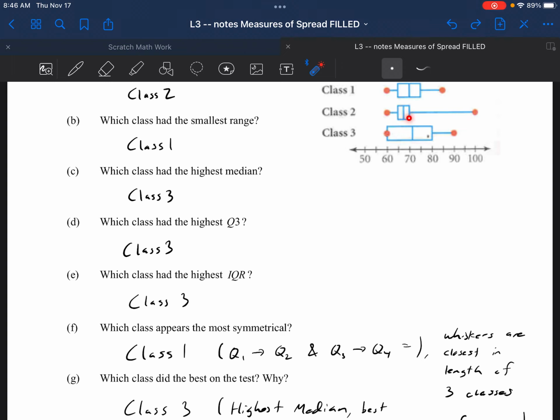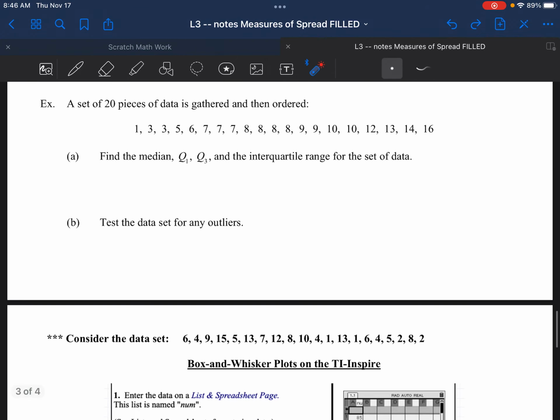So in this case right here, you can see if I take that distance, even if I double it, and I add it on here, this student is still an outlier. The student's grade is so far from the Q3 that it's an outlier. All right, so let's formalize that a little bit.